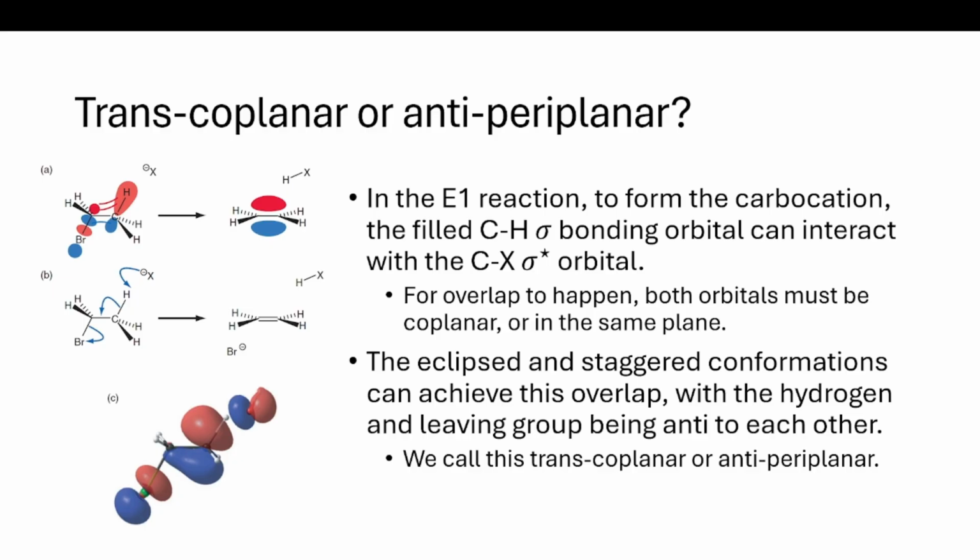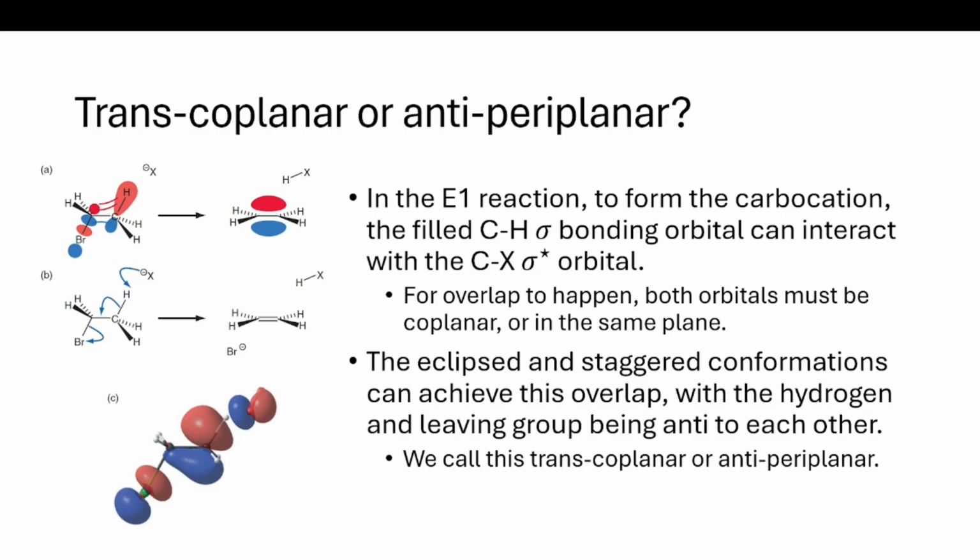Now, when we're talking about the exact geometries for E1 and E2, in the E1 reaction, if we want to form the carbocation, the filled carbon-hydrogen sigma bonding orbital has to interact with the carbon leaving group sigma anti-bonding orbital.